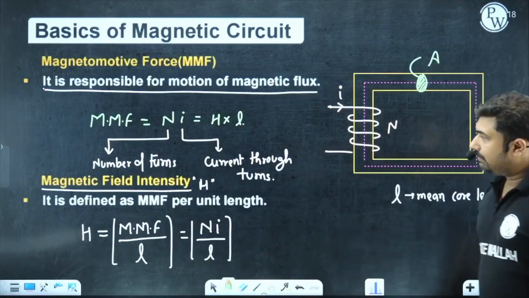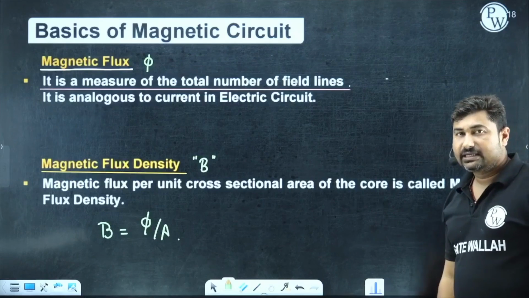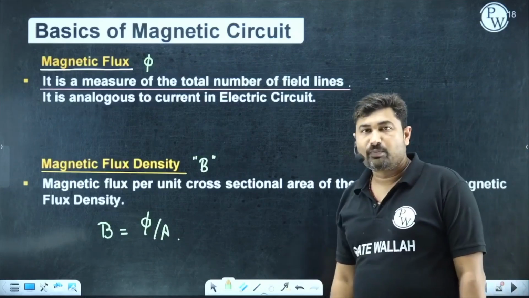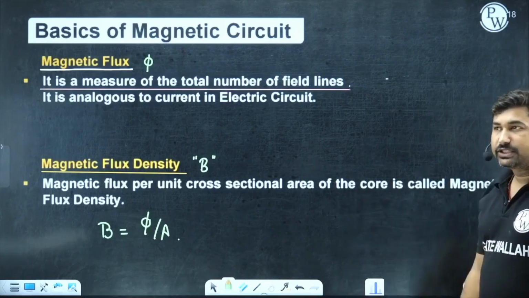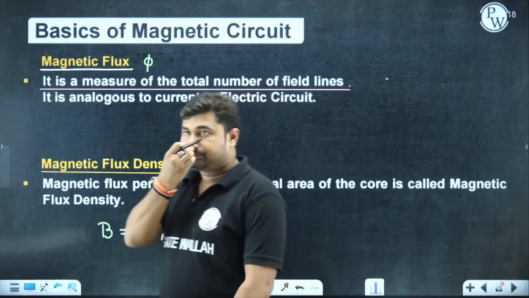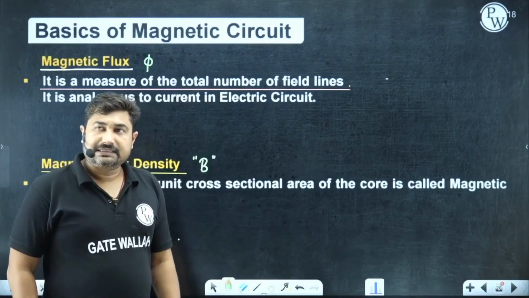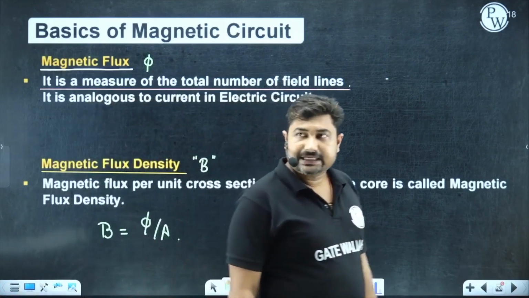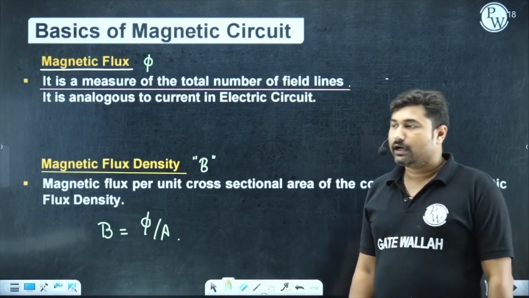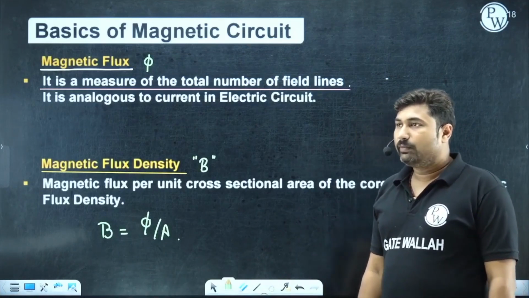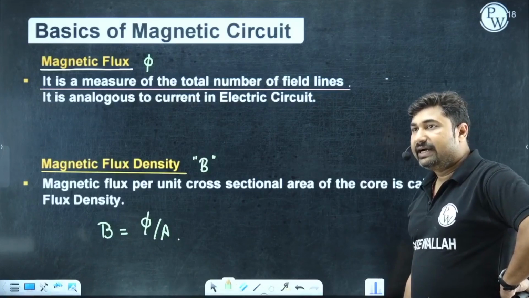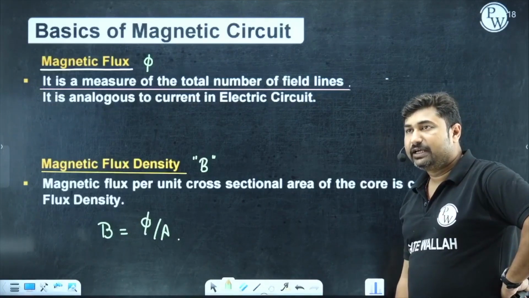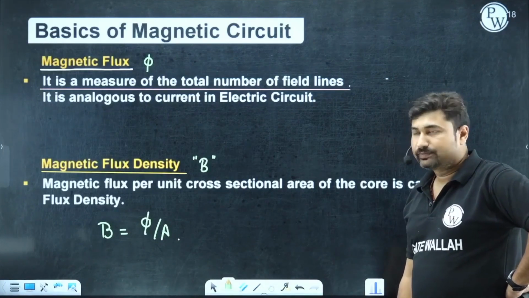So magnetic flux density is defined as the number of magnetic lines of force per unit cross sectional area of the core. Is it okay? Great. Magnetic flux density B is defined as flux per unit area of cross section of core.